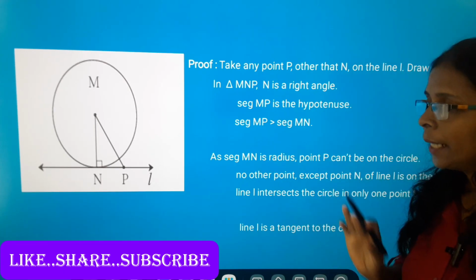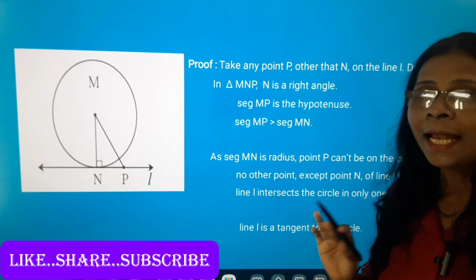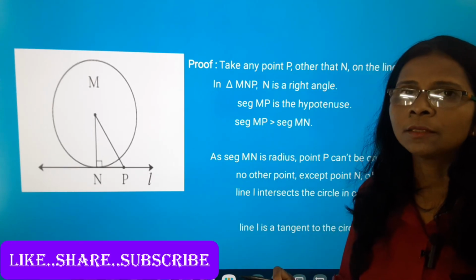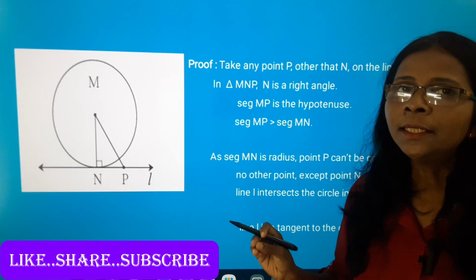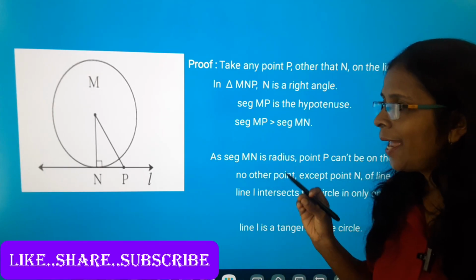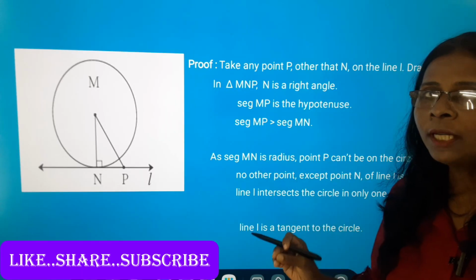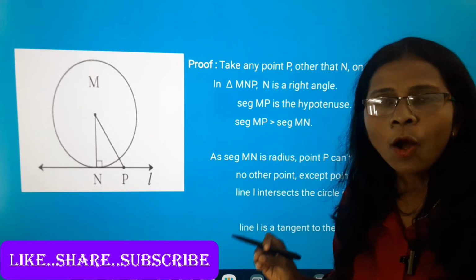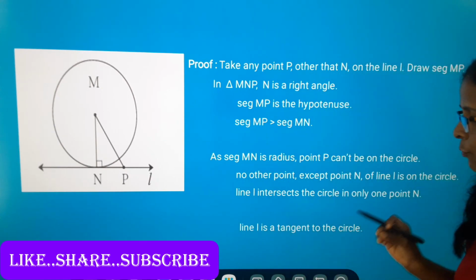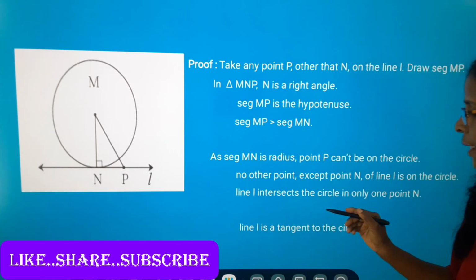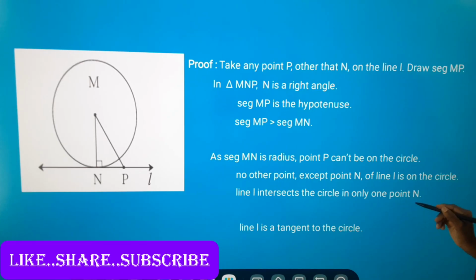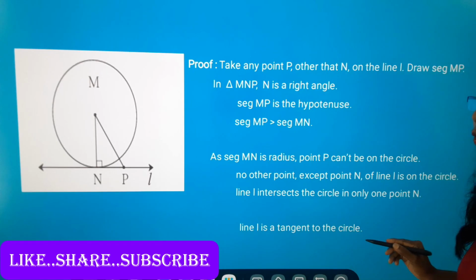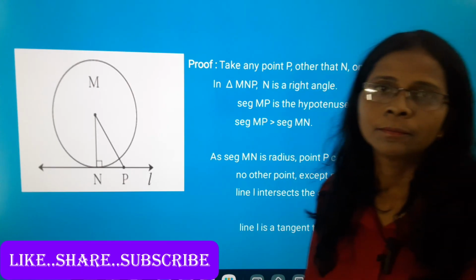N is the only point where the line touches the circle, and that's why line L intersects the circle in only one point N, and so line L is a tangent to the circle.